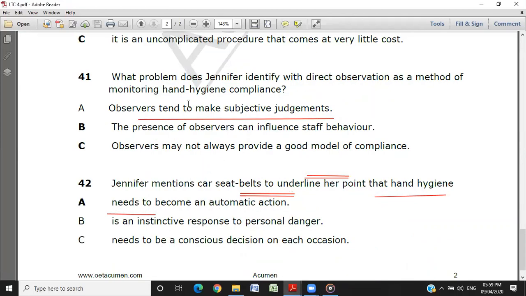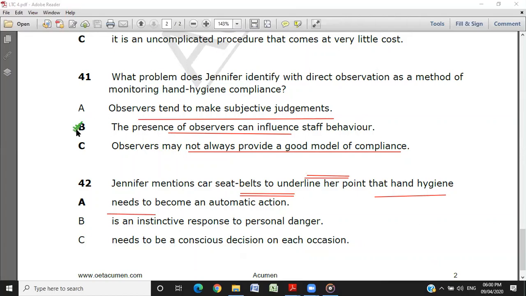Now, obviously, these are inferential questions, so they would not straight away say presence of known observer. If I say may not always provide a good model of compliance, which means this is not at all an option. So it is an option provided that the observer that you have is not a known one. So B is the correct answer here.